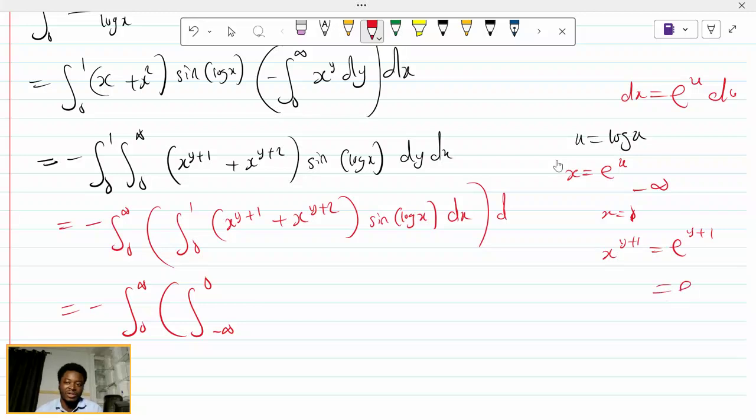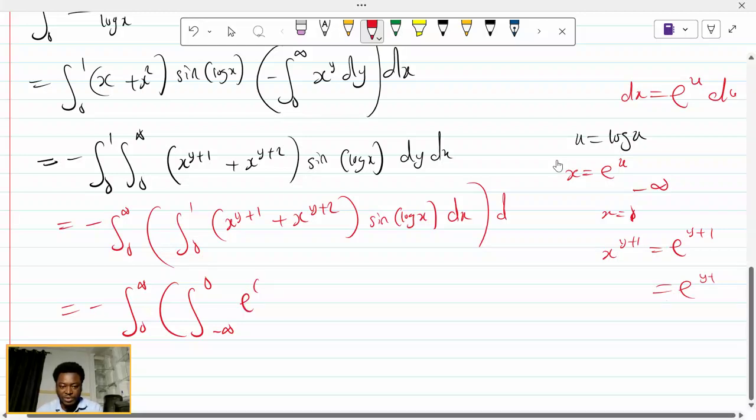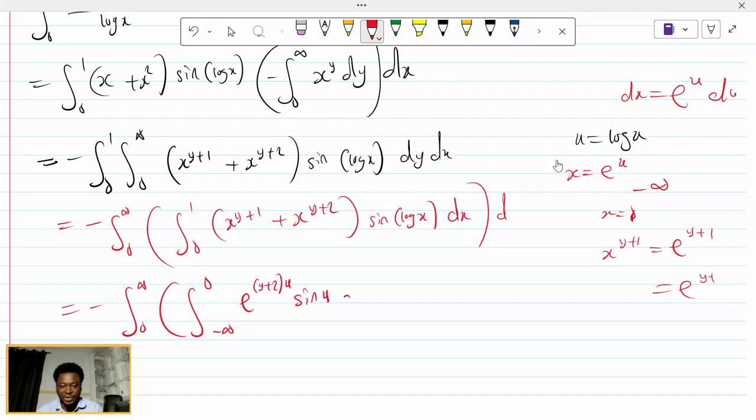So here you would have e to the y plus 2 times u, sine u du, then you have plus the integral from negative infinity to 0 of e to the y plus 3 u sine u du, then everything here is dy.